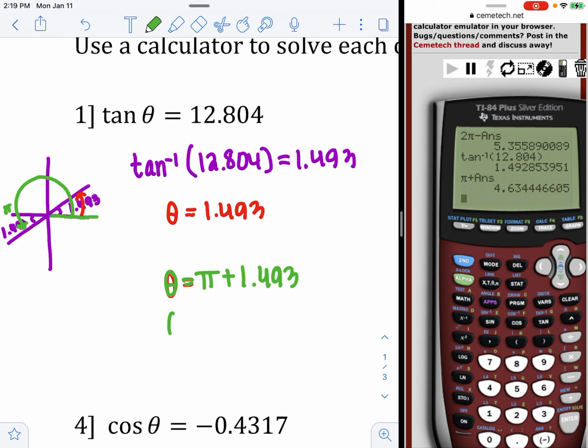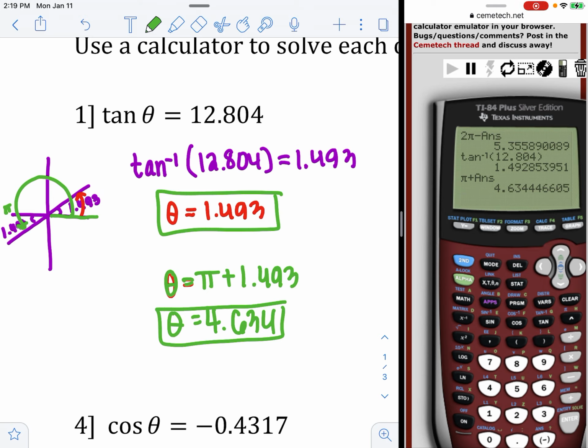And my second answer is 4.634. There's my two answers that I'm going to box. Make sure you're showing how you got your second answer, because on your test, this would be worth 3 points: 1 for this, and then 2 for this, because I need to know how you got that.